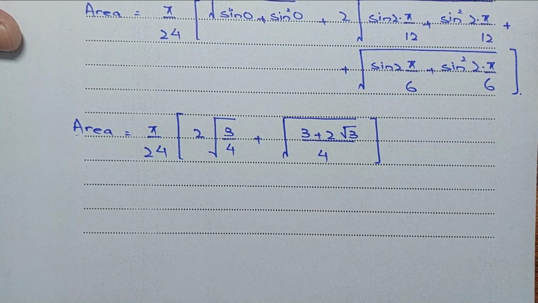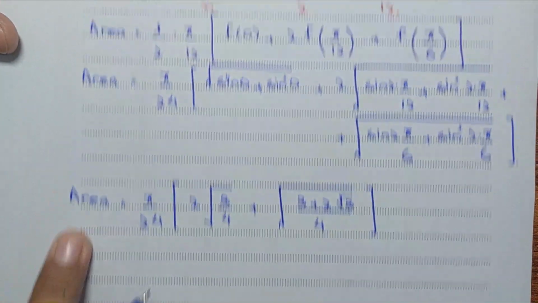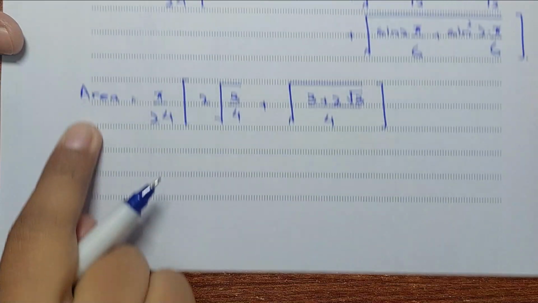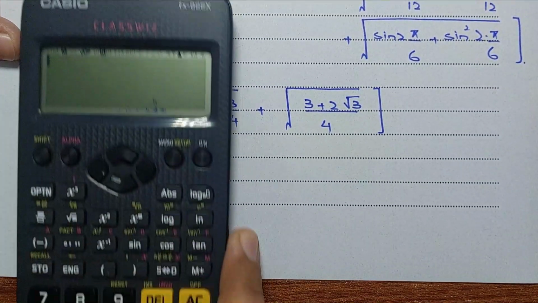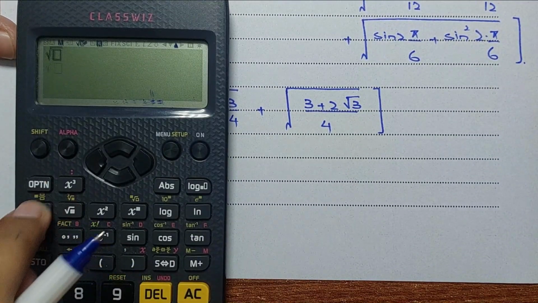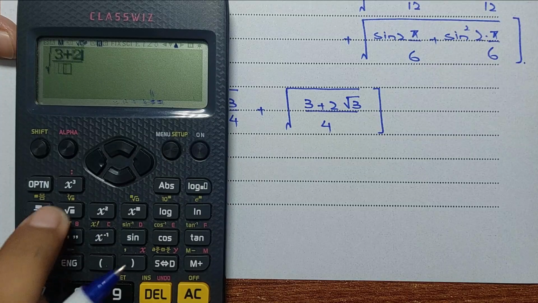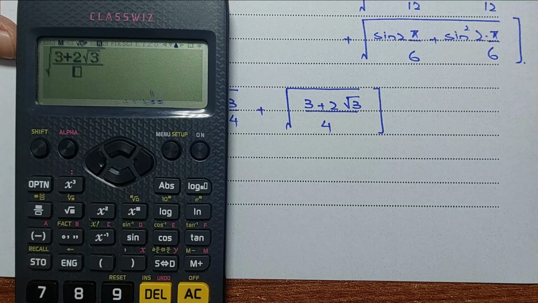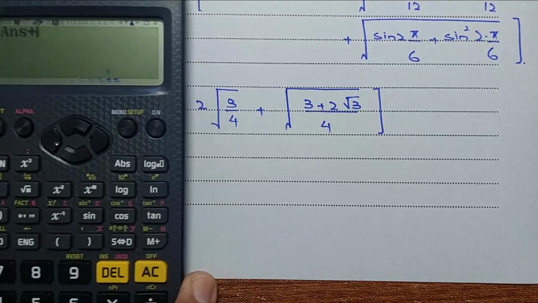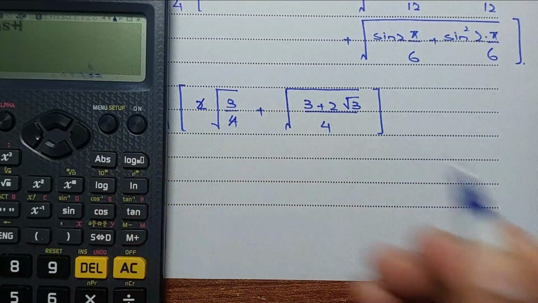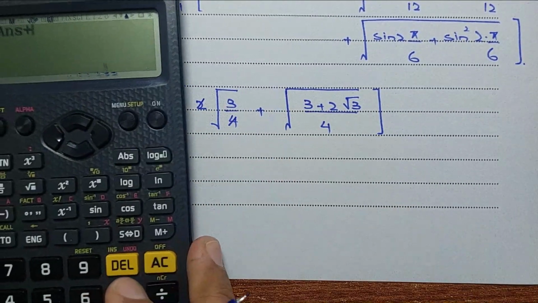Now let me solve the answer for the area up to two significant figures. Let me simplify the square root of 3 plus 2 root 3 divided by 4, plus this is 2 and root 4 is also 2.